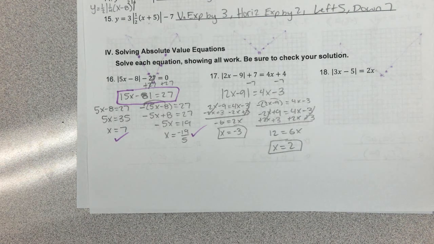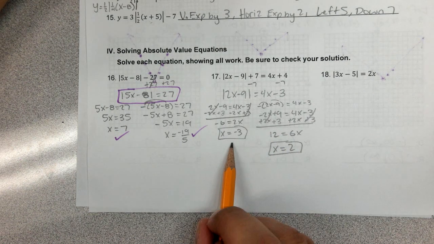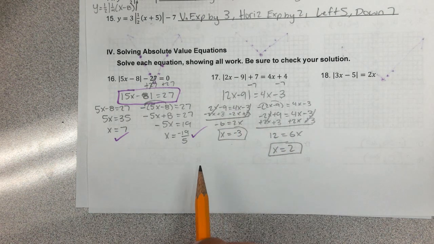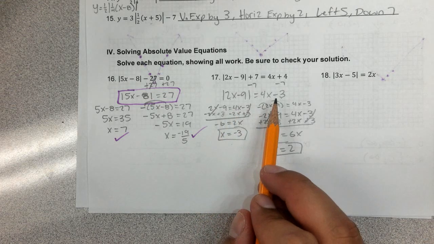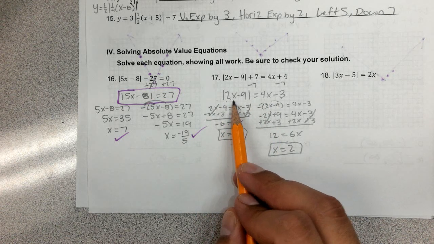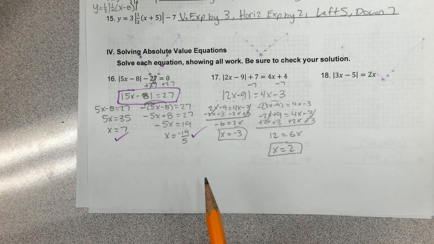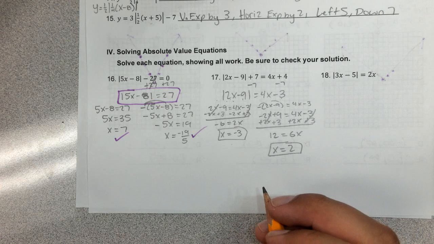Alright, so then let's just make sure that they both work. Let's plug them back in. Let's start off with the negative 3. Plug in negative 3 into both of these for x. So on the left side, 2 times negative 3 is negative 6, minus 9 is negative 15. Take the absolute value of that, you get positive 15.